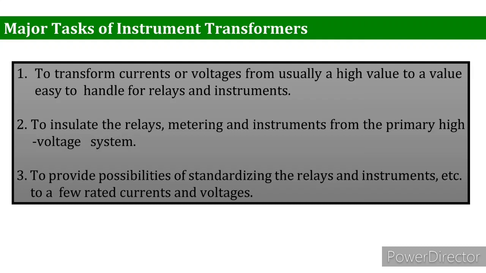Secondly, to insulate the relays, metering and instruments from primary high voltage systems. Along with that, the third one is to provide the possibility of standardizing the relays and instruments to a few rated currents and voltages.